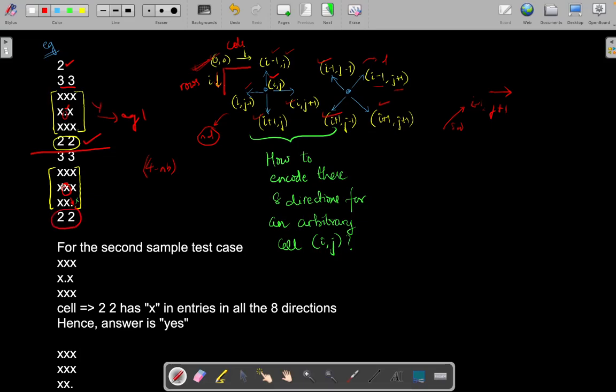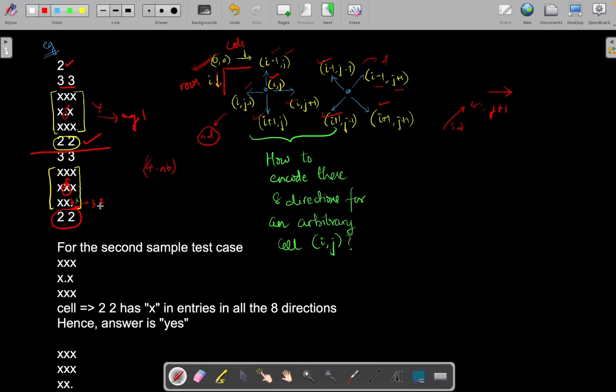All we care about is the neighboring elements. All of them are fine except for this last one, coordinate 3 3. Except for this 3 3, all of the rest have x in their entries, so the answer to this will be no. So that's the problem statement.